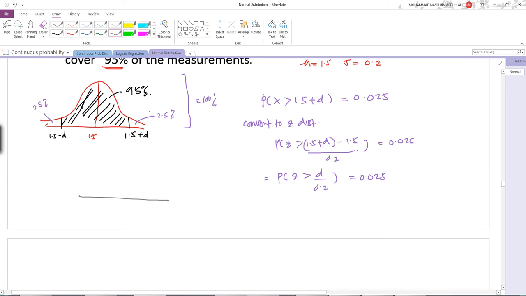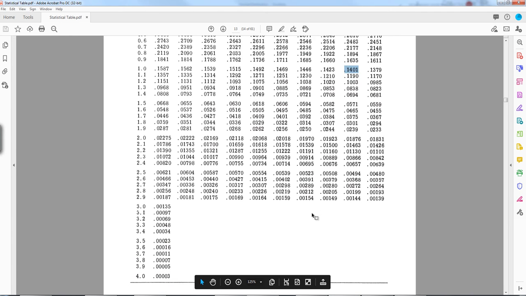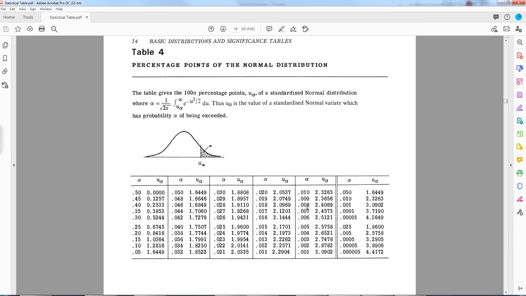So if we measure in the Z distribution curve, this one should be 0 and this is the area that we want to find. D over 0.2 is 0.025. So we want to know what is the value of d divided by 0.2. So we look at the statistical table for 0.025. We look at table number 4. Table number 4, 0.025 is here. It is 1.96.